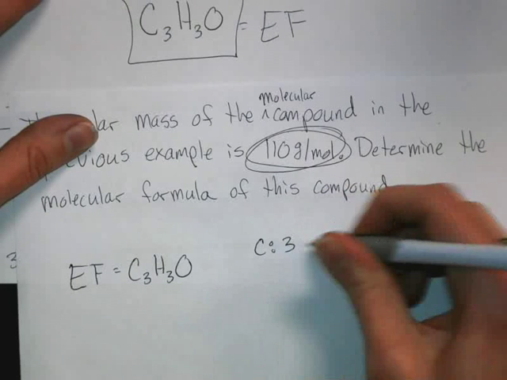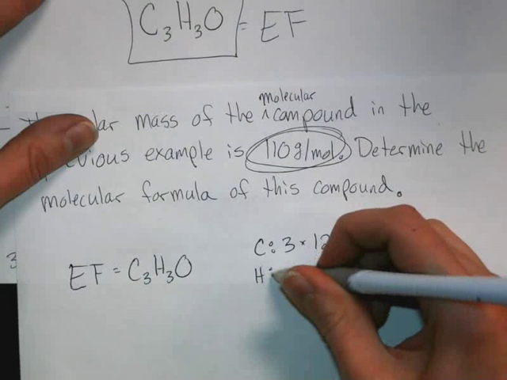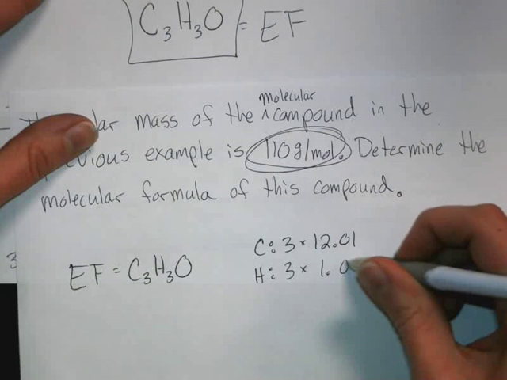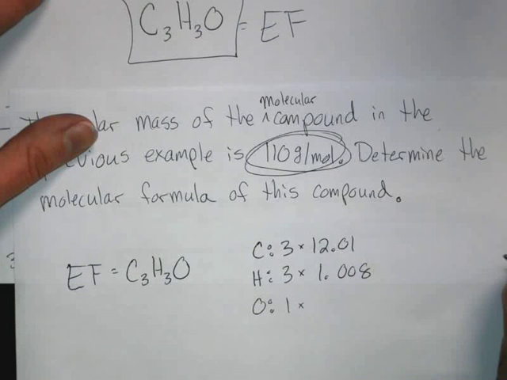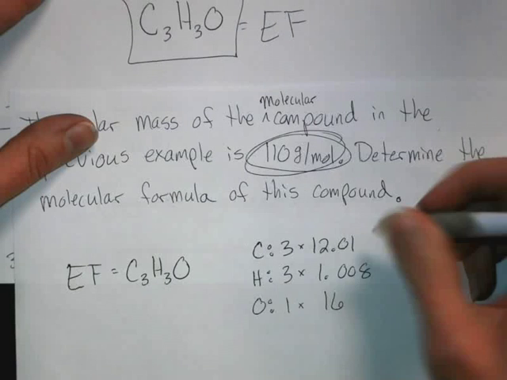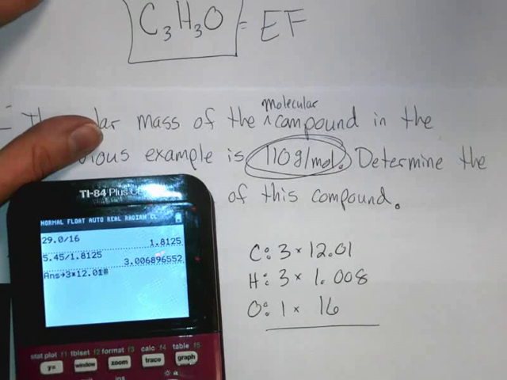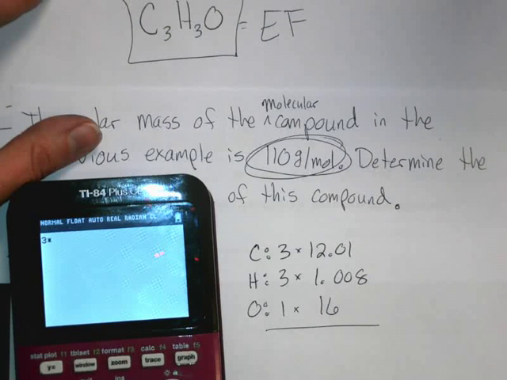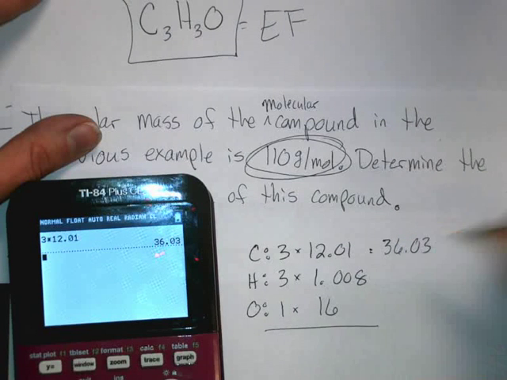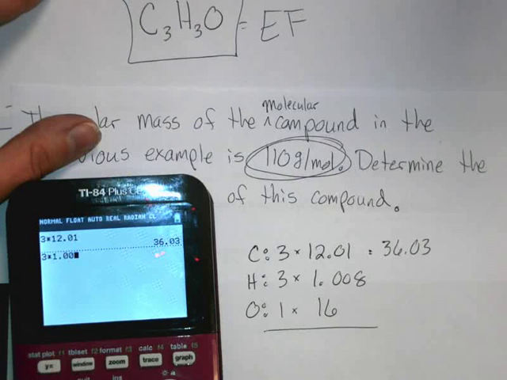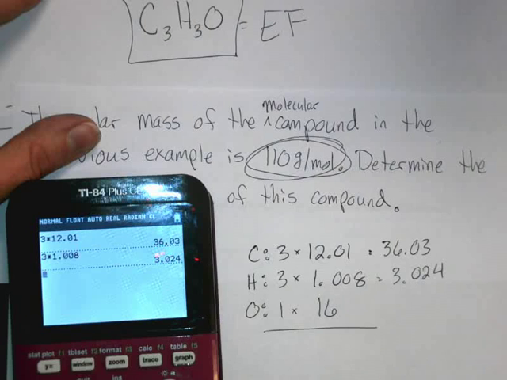So, carbon, I have 3 of them. Each carbon is 12.01. Hydrogen, I have 3 of them. Each hydrogen is 1.008. Oxygen, I only have 1 oxygen. My oxygen is 16. If I add all of these up together, 3 times 12.01 equals 36.03. 3 times 1.008 gives me 3.024.